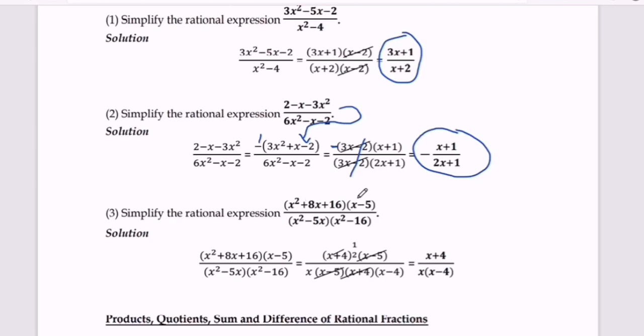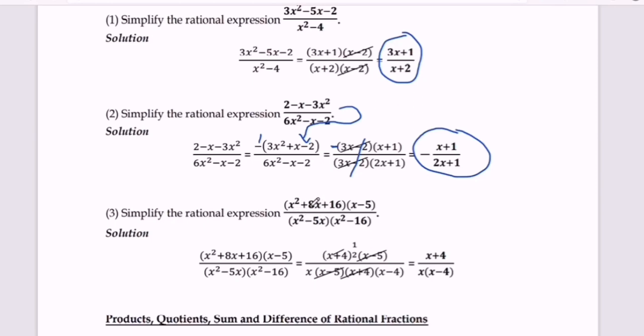Our goal here is to simplify the expression. Since we are given more than two rational expressions here, what we need is just to factor each one.